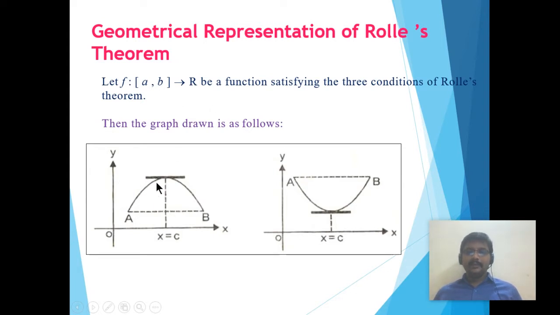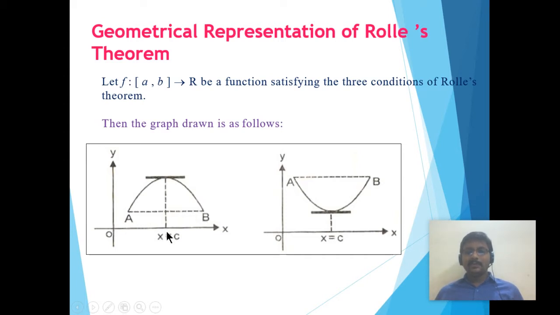It is the graph of the curve y is equal to f of x, a Cartesian curve diagram in between a and b. These capital A and capital B are functional values at a and b, f of a and f of b, and the heights of these 2 points are equal. That is f of A is equal to f of B.